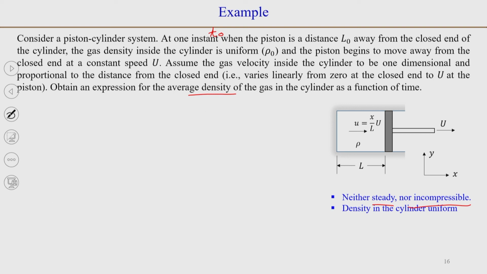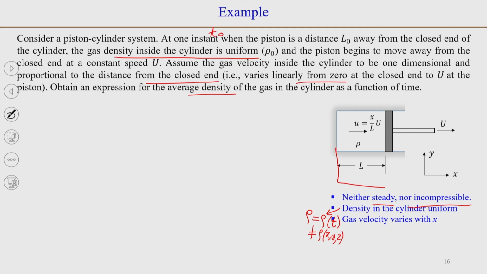But the flow is one dimensional, and the density in the cylinder can be assumed to be uniform. That means rho is a function of t only and is not a function of x, y or z. And gas velocity varies with x. The gas velocity inside the cylinder is proportional to the distance from the closed end.